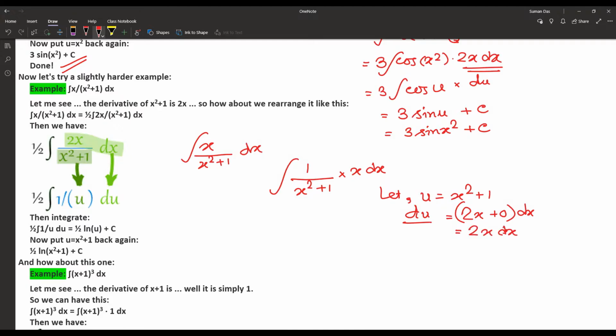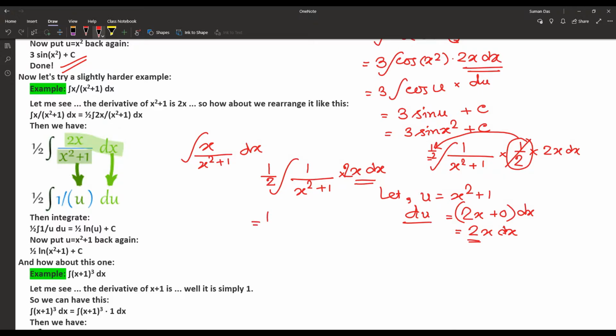Now let's check here. Here x is given, but for du we need 2x. So here we are multiplying by 2, and also dividing by 2. So for the 1 by x square plus 1, if we are multiplying by 2 here, we are dividing by 2 once again. As that is a constant, we write it outside.